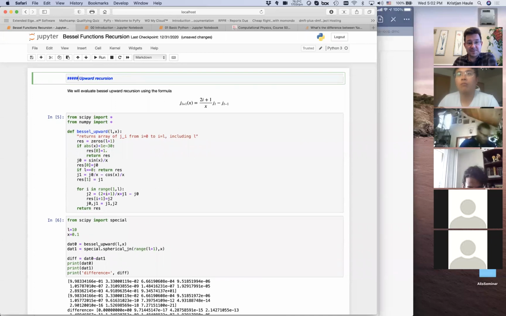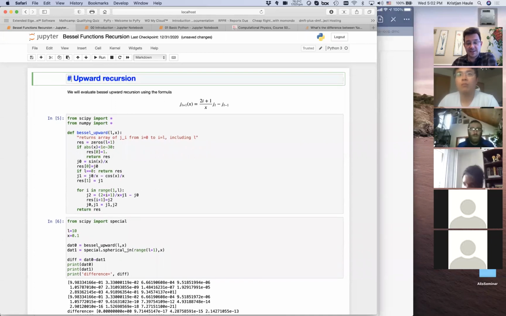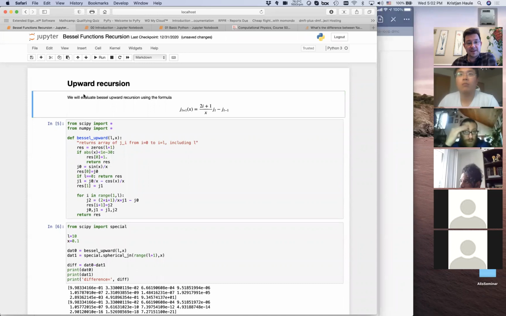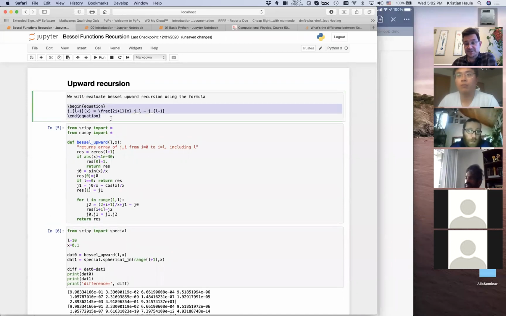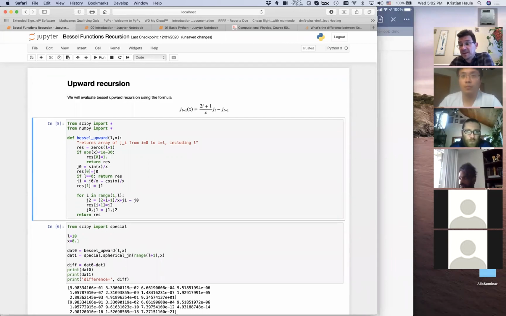More hashes means subtitle. One hash means title. And you can write LaTeX equations. That's one nice thing, that LaTeX equations show up as rendered text. So that's a nice thing about Jupyter Notebooks.